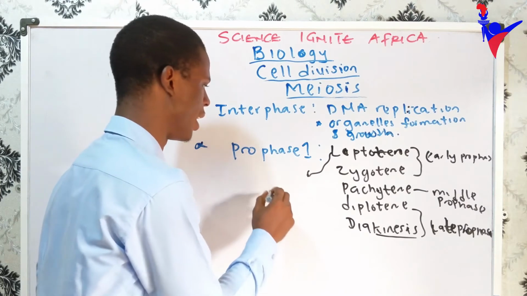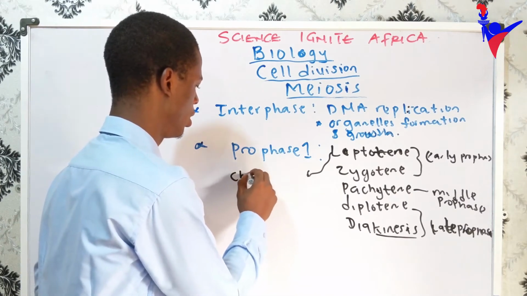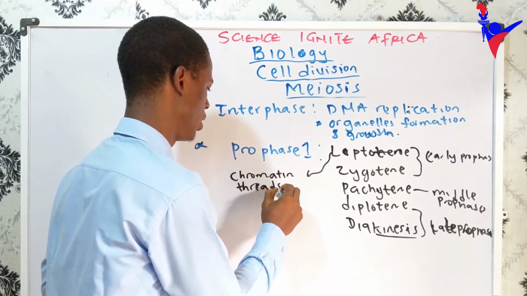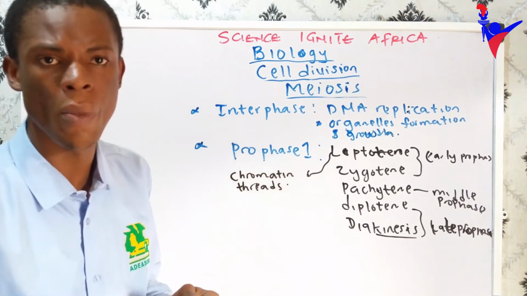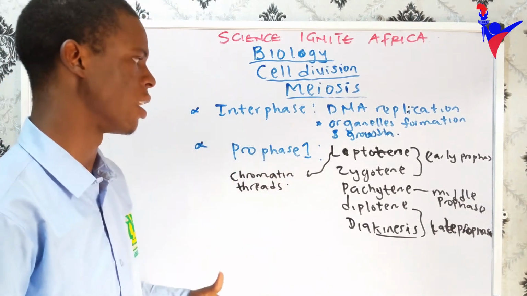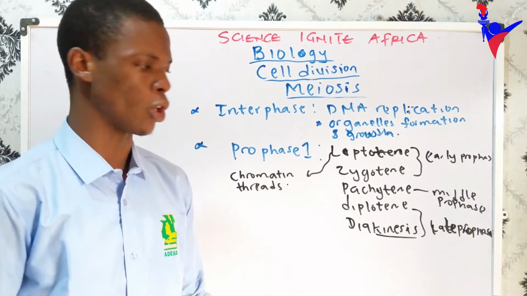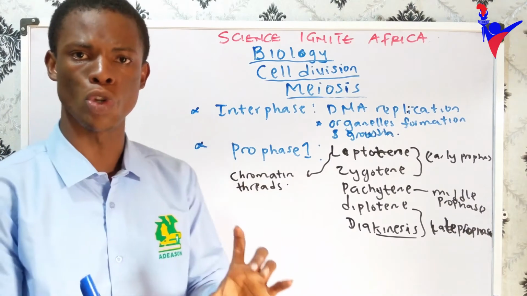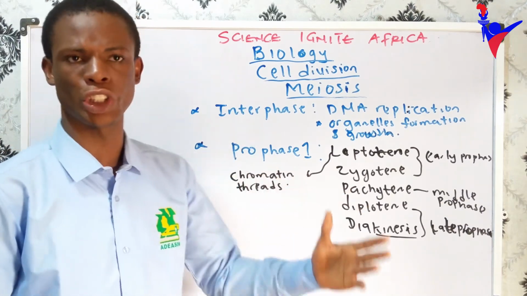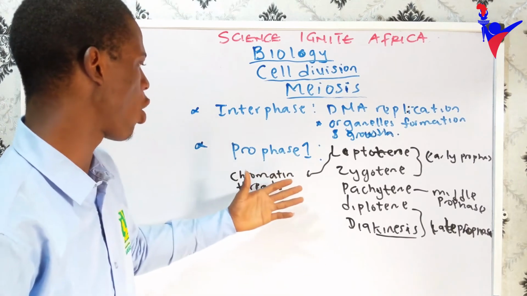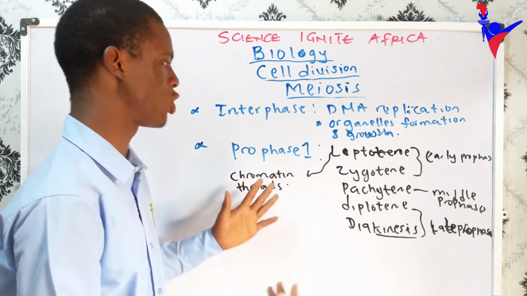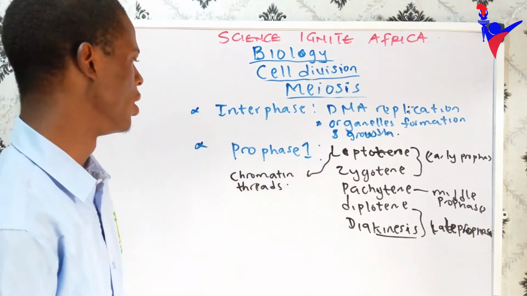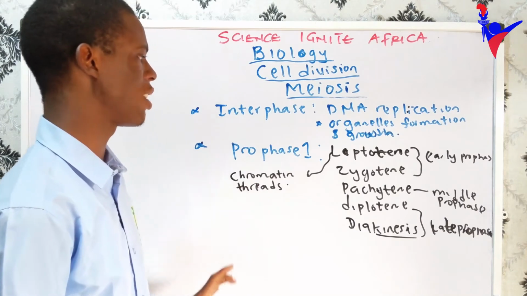You have chromatin thread formation in which the chromosome is looking like a chromatin thread. Under the picture given through electron microscopy, you can see the chromosomes are in a thread-like form. Replication has occurred, and you can see the chromosomes in a thread-like manner in our leptotene phase or the leptonema phase.